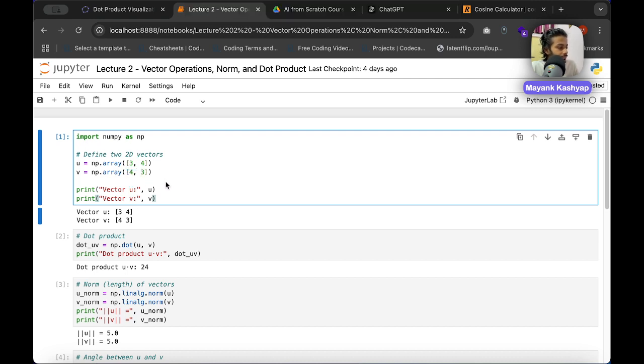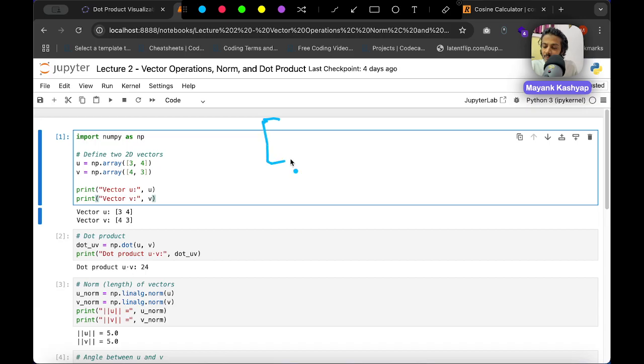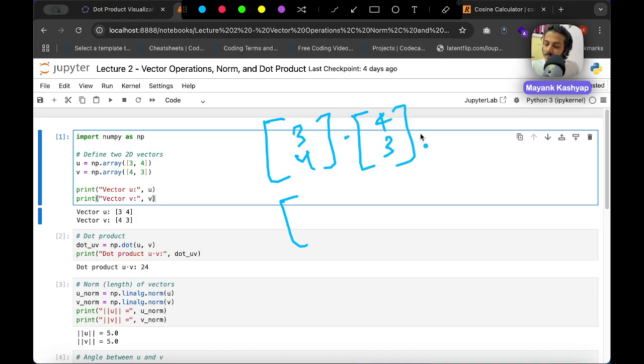and now we are doing the dot product here. So let's calculate this manually and verify. 3 4 and 4 3.